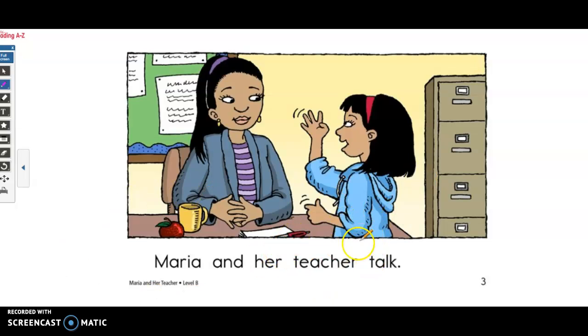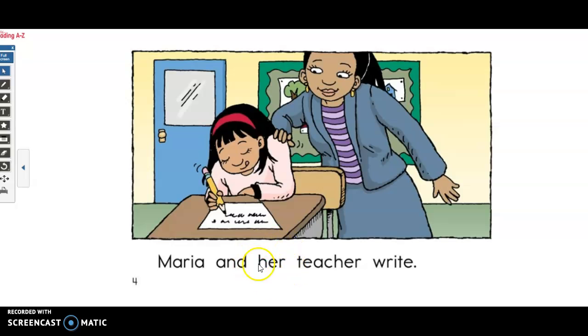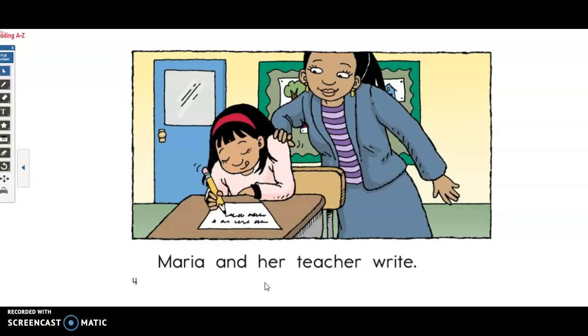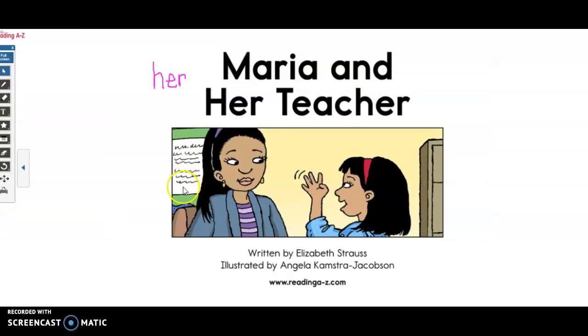Do you see it anywhere? I see it right here. Her. Again, her. Her. That word is her, and that's talking about Maria, right? Because we're saying Maria, that's this word, and her.